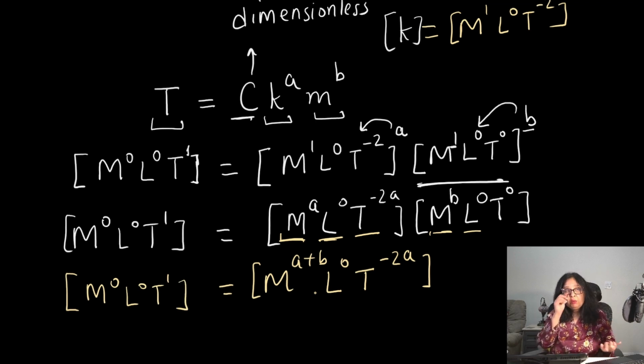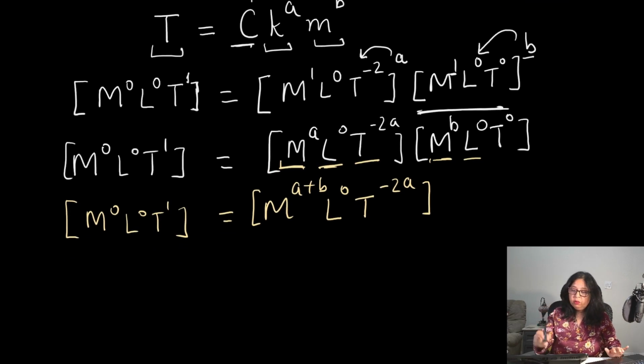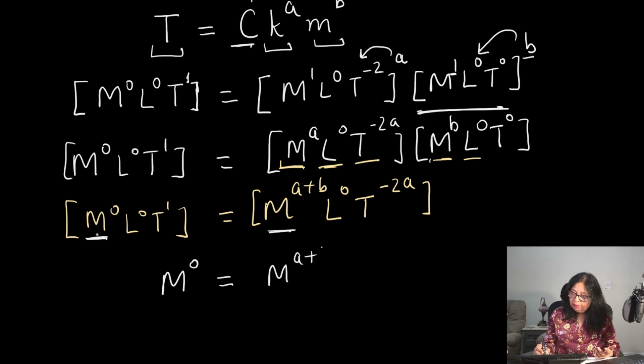So just like we did in the first problem, wherever the base is same for a factor, we equate those factors. M to the power 0 equals M to the power A plus B. L to the power 0 equals L to the power 0. We can write this down, but really it doesn't give us anything meaningful. So might as well just not do it.